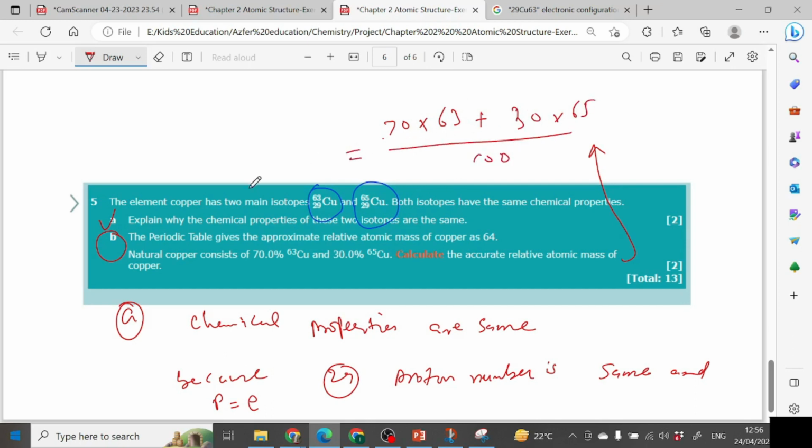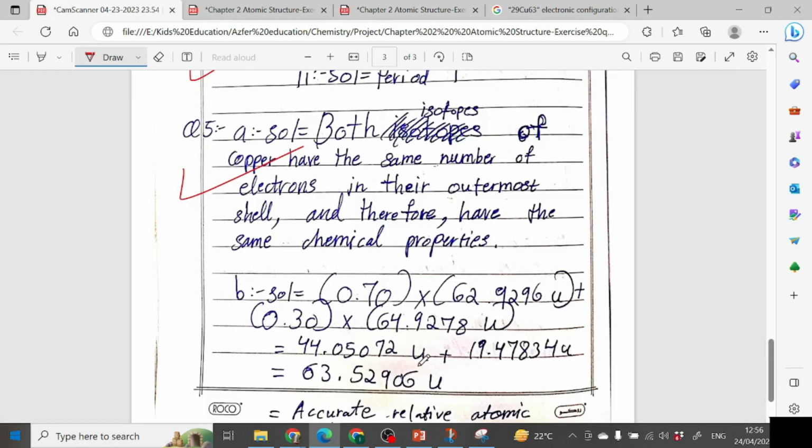So this is the average atomic mass. So check how the student did it: 70, okay, and 30 of 65. So the answer is correct.